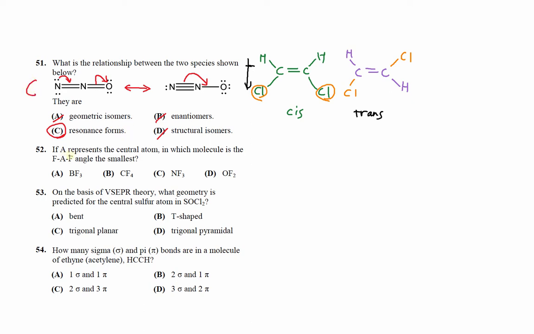52. If A represents the central atom, in which molecule is the FAF angle the smallest? Well, let's start with A, boron trifluoride. When you draw boron trifluoride, you will notice that only 3 pairs of bonds are present, because boron only has 3 valence electrons, and it's very tiny, and they don't have to follow the octet rule.